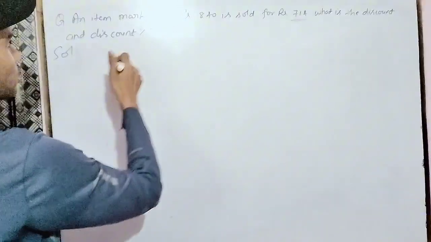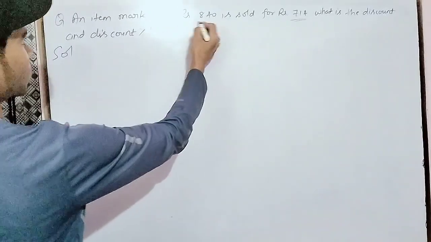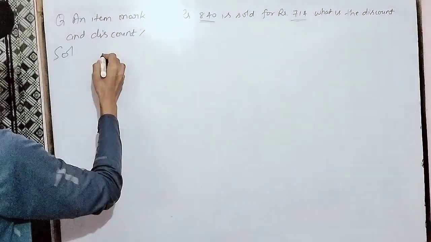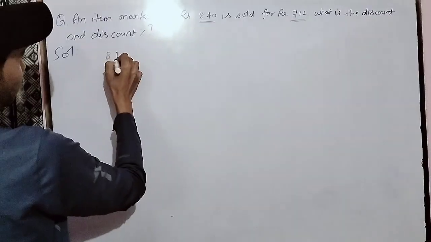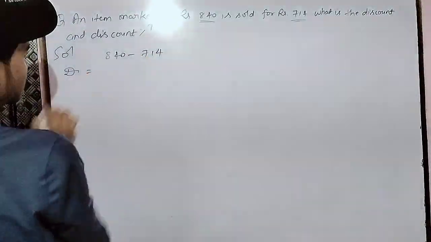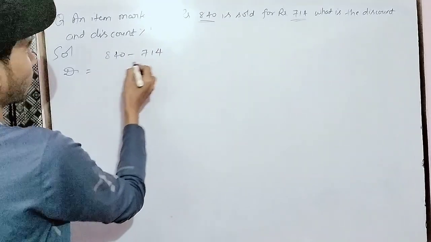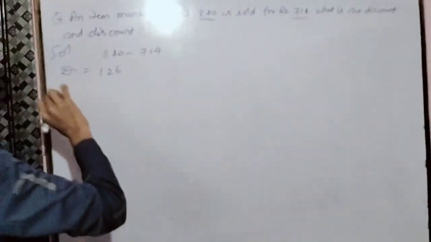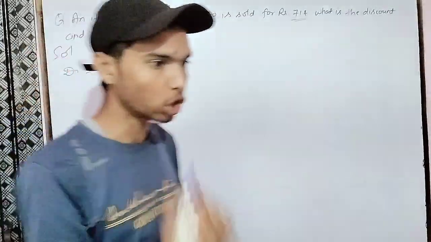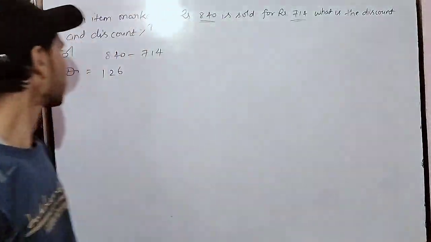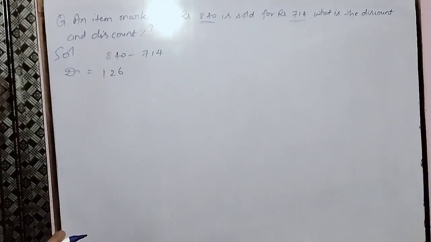So here, this is the initial price. So 840 minus 714. This is the way to find a discount. So 126 is the discount which was reduced from the initial rupees.